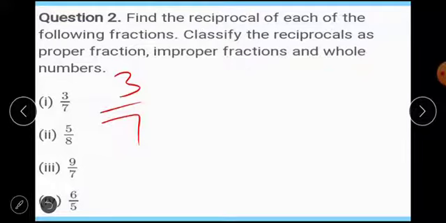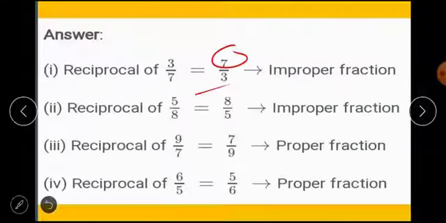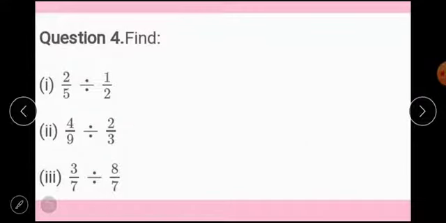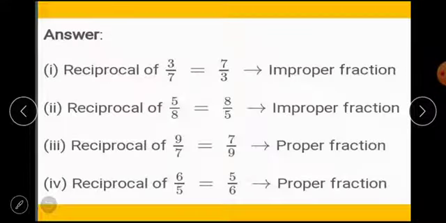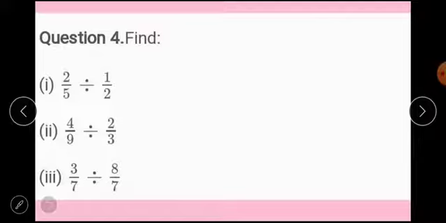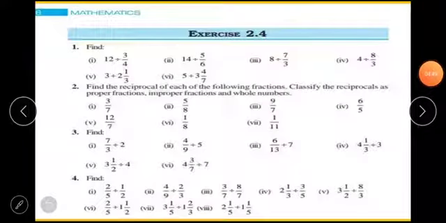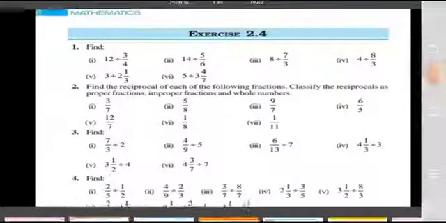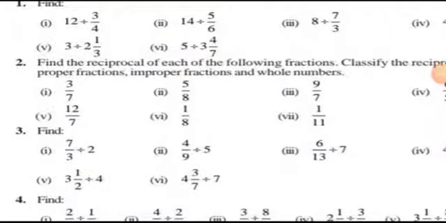So in this way, students, you will do question number 1 and 2. And now we are going to discuss question number 3. Students, you can see here, 7 by 3 divided by 2.